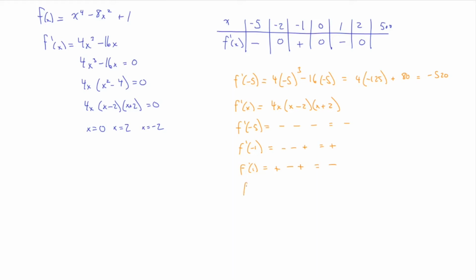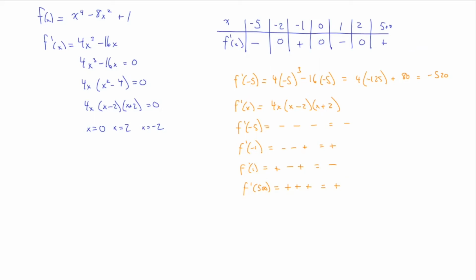And then computing the derivative at 500, 4 times 500 is positive, 500 minus 2 is positive, and 500 plus 2 is positive, and a positive times a positive is positive. So the derivative at 500 and everywhere to the right of 2 is positive.